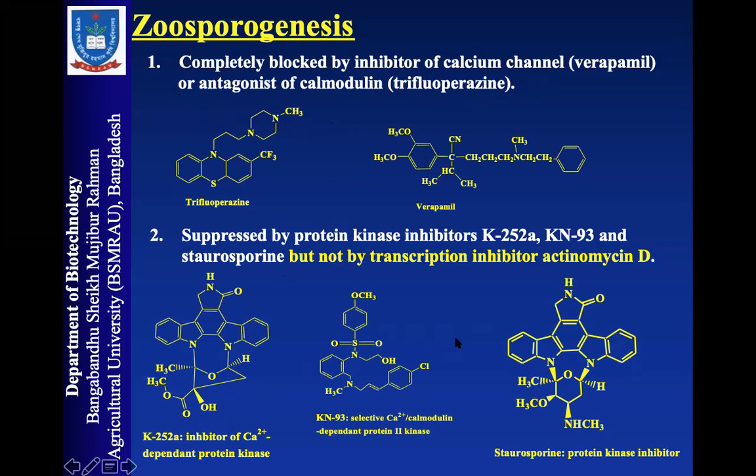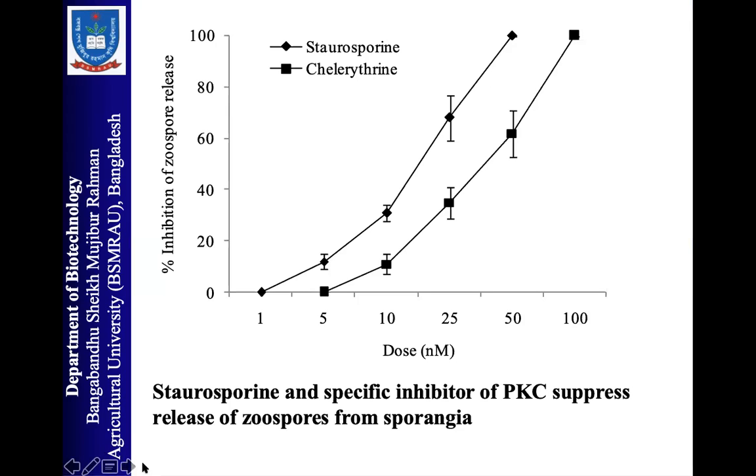So from lots of pharmacological experiments, we confirm that protein kinase C is crucial for zoosporogenesis as well as the motility of zoospore. That means if you can design an agrochemical that can selectively inhibit the protein kinase C in the zoospore, you can nicely control this pathogen. Till now, there is no good chemical for controlling the pathogen.